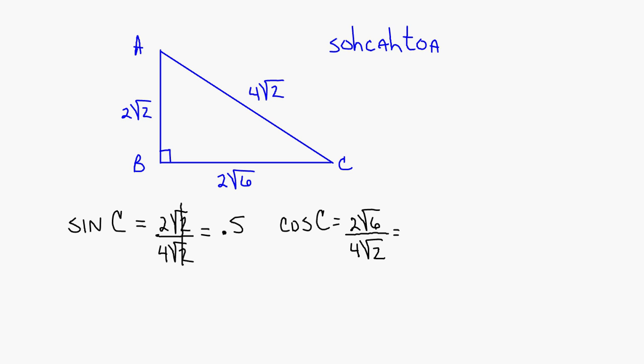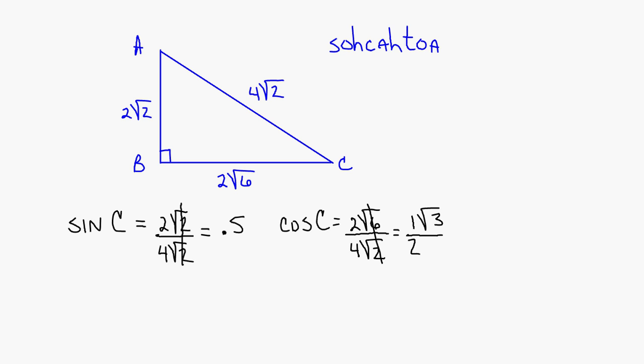What does the 2 over 4 simplify to? Simplifies to 1/2, doesn't it? Square root of 6 divided by the square root of 2 simplifies to the square root of 3. 6 divided by 2 is 3, and they're both under the radical.